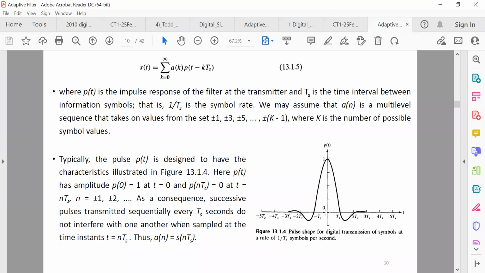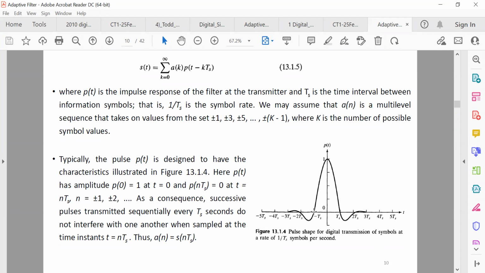See p(t). At t equal to 0, it has maximum amplitude, and when t equal to ±1 and n equal to ±1, ±2, and so on, that means at this point and this point, at 2Ts, -2Ts, 3Ts, -3Ts, at all those points, the value of the amplitude of the pulse shape is 0.